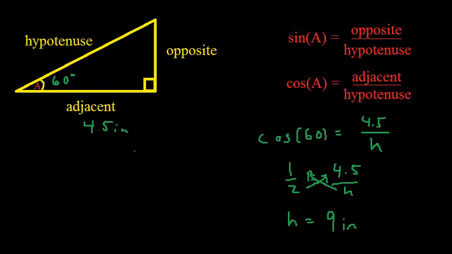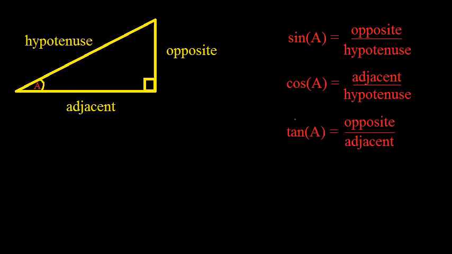4.5 inches. Lastly, I have the tangent of an angle is equal to the opposite side over the adjacent side. So if I know that this angle here is 45 degrees, and I know the adjacent side is 5 inches, I can find the opposite side using the formula for tangent.